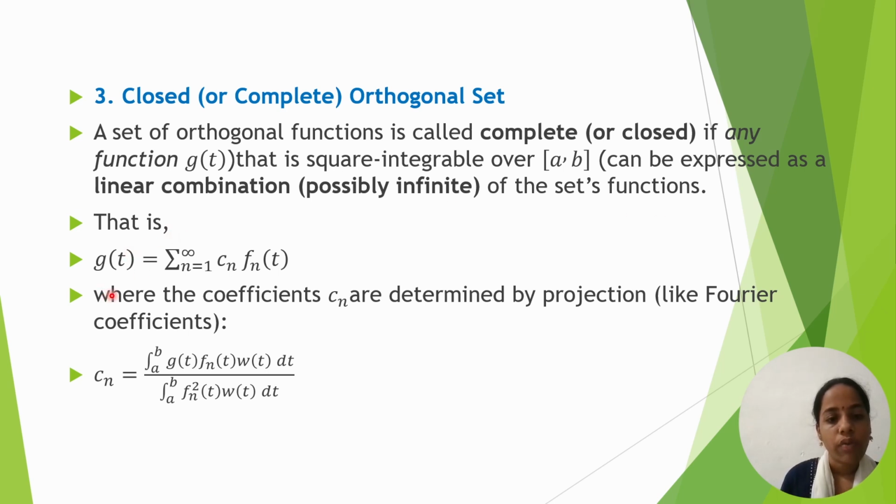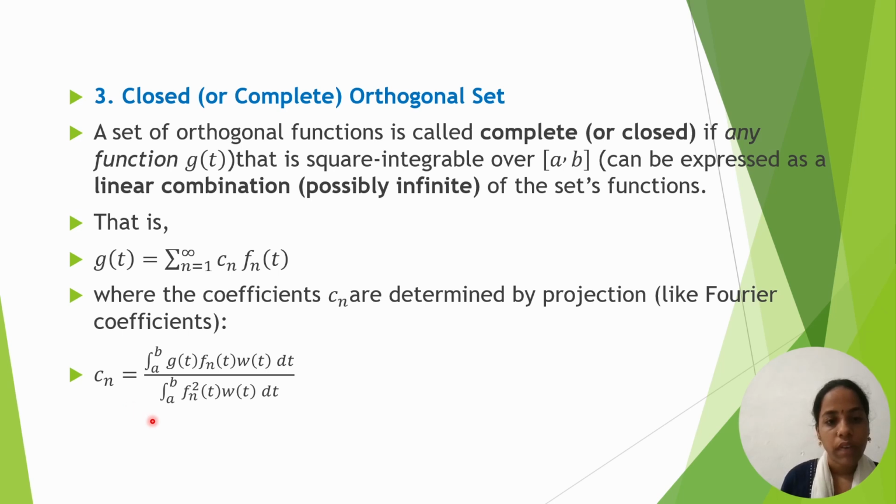That is, g of t equals the summation n equal to 1 to infinity of cn fn of t, where the coefficients cn are determined by projection.